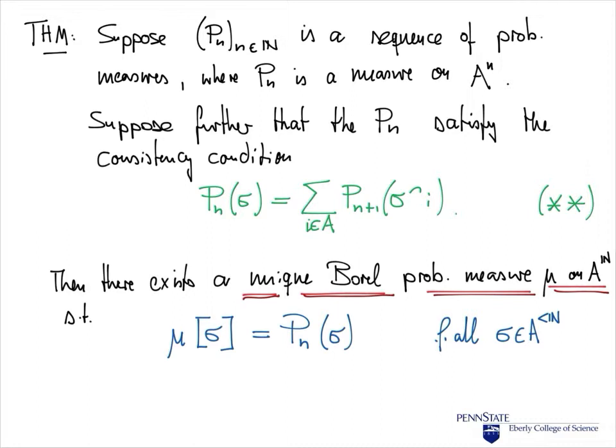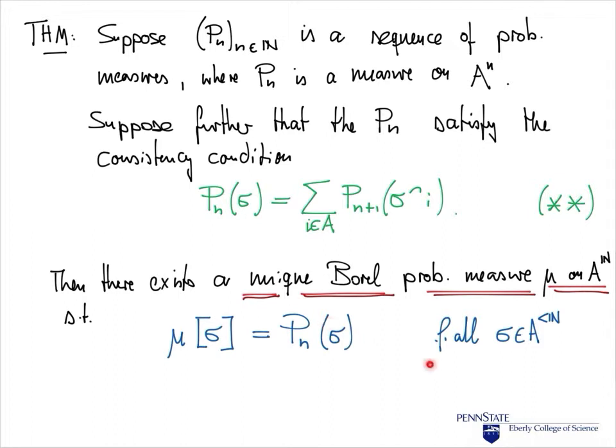Then there exists a unique Borel probability measure, mu, on the sequence space A to the N, natural numbers here, so that mu of the cylinder sigma is just equal to the probability measure Pn of sigma.